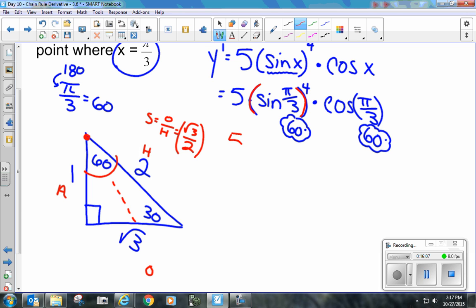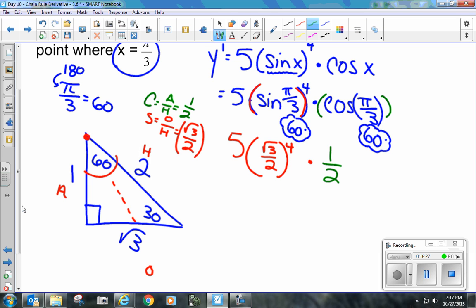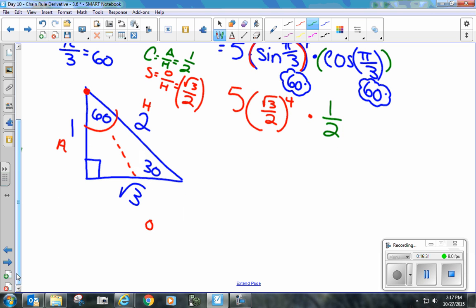So it's 5 times radical 3 over 2 to the 4th power, times... Now cosine is adjacent over hypotenuse, which is 1 over 2. So that takes this whole place, so times 1 half. Now, I can do this in my head, and you guys should be able to too. How come?